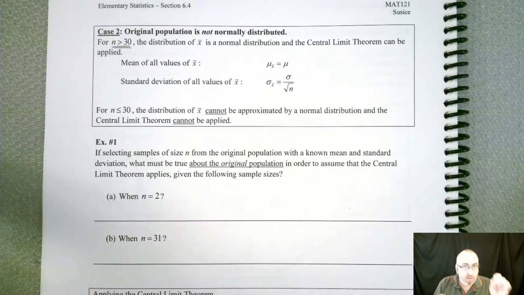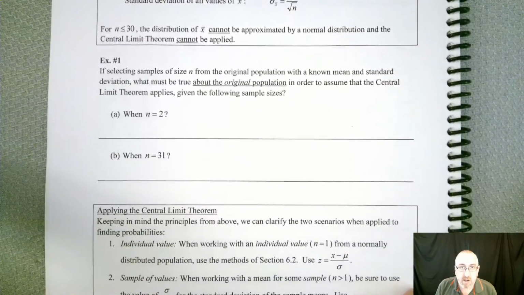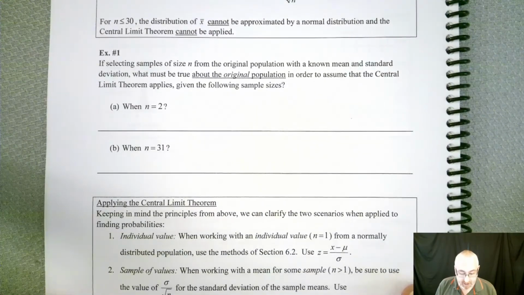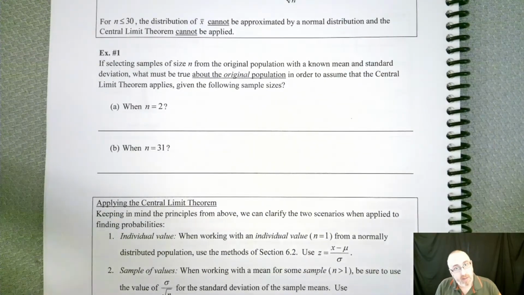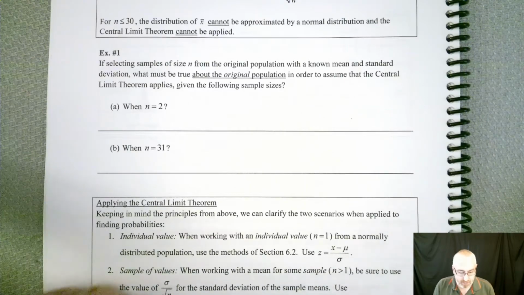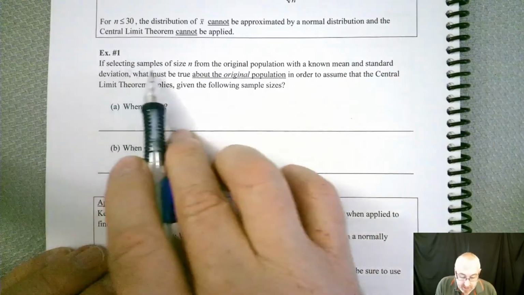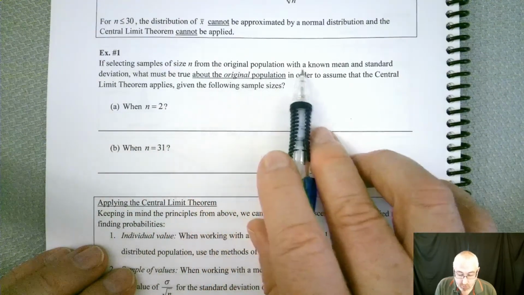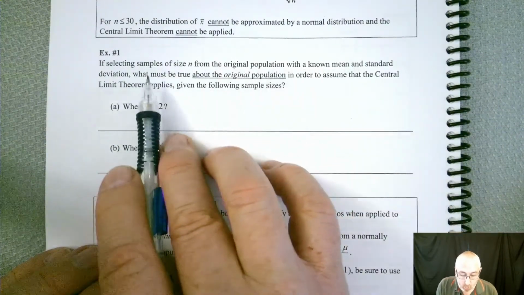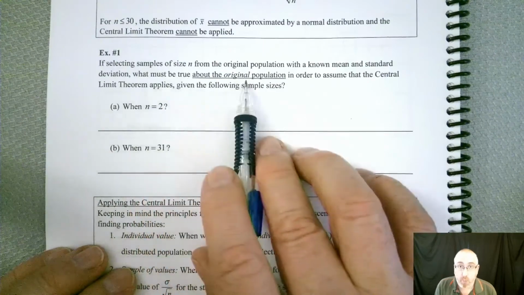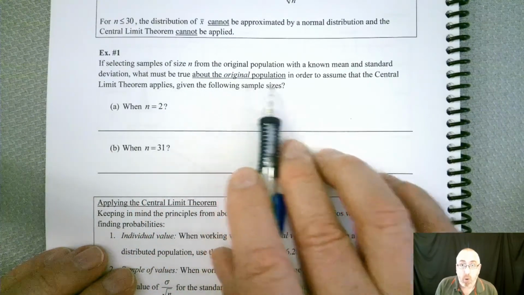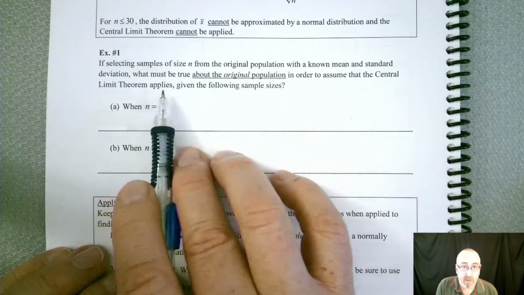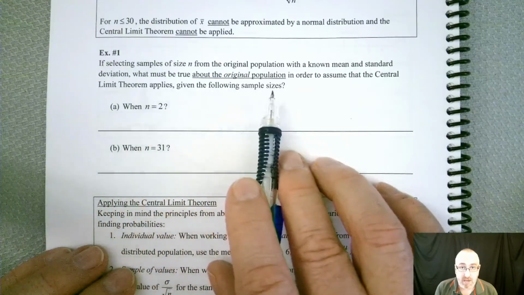Now to reframe this into an example, let's take a look at example 1, and then we'll stop the video and see how to apply it in the next one. If selecting samples of size n from the original population with a known mean and standard deviation, what must be true about the original population in order to assume that the central limit theorem applies given the following sample sizes?